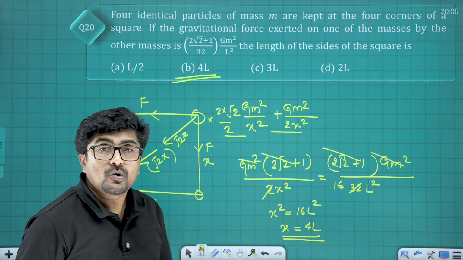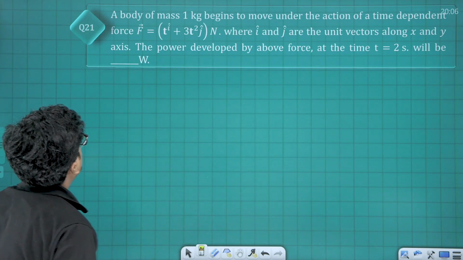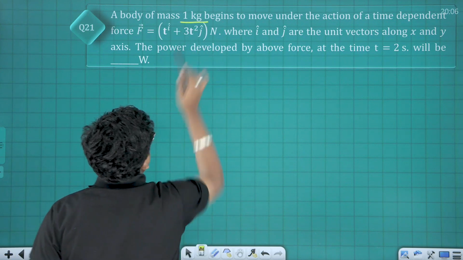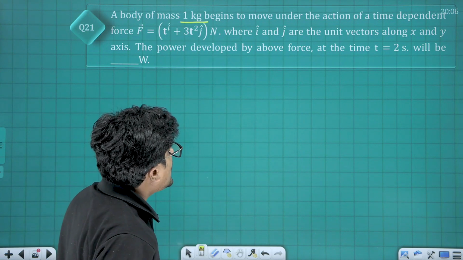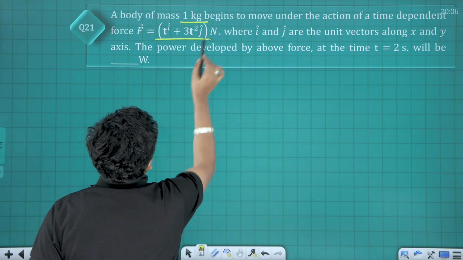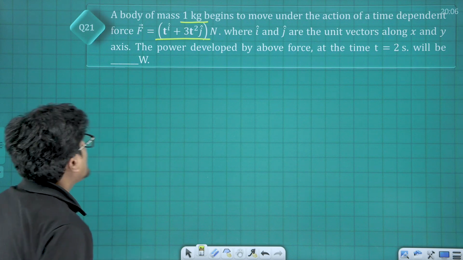Now let us move to question number 21. The question says, a body of mass 1 kg begins to move under the action of a time dependent force, that is t i cap plus 3t square j cap.